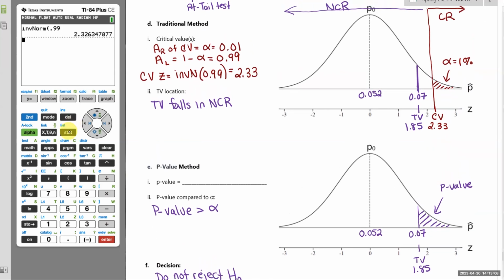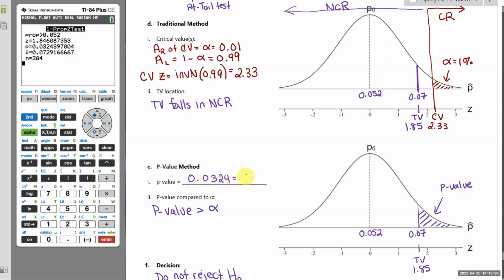And then we'll go ahead and confirm it numerically by bringing up the test again. Let me just run the test and write down that p-value, 0.0324, or 3.24%.